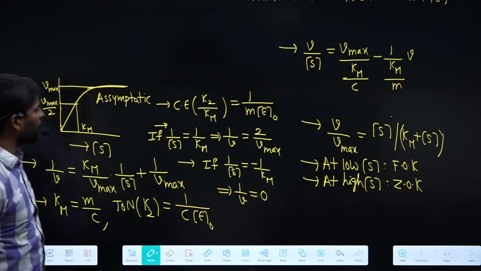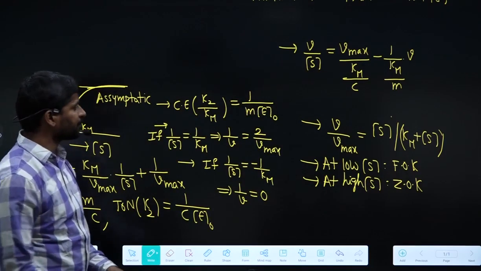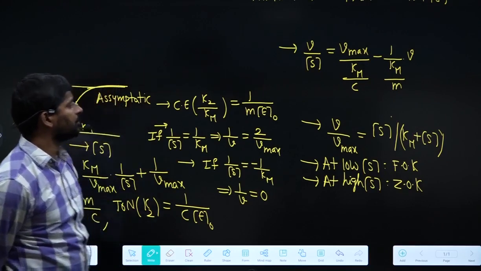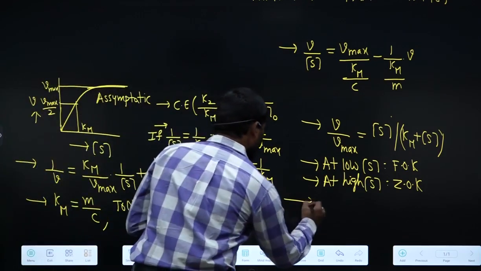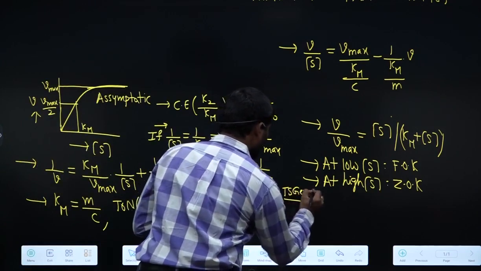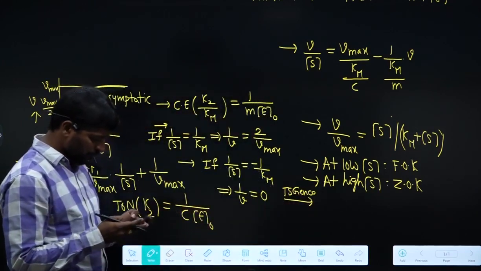Okay, now we see some questions based on enzyme catalysis. This is a direct question given in the TS Genco Chemistry exam.